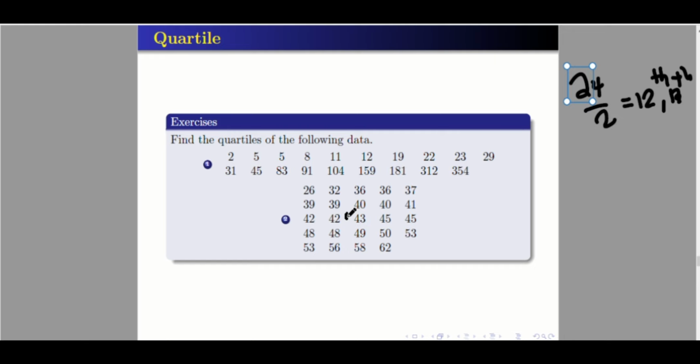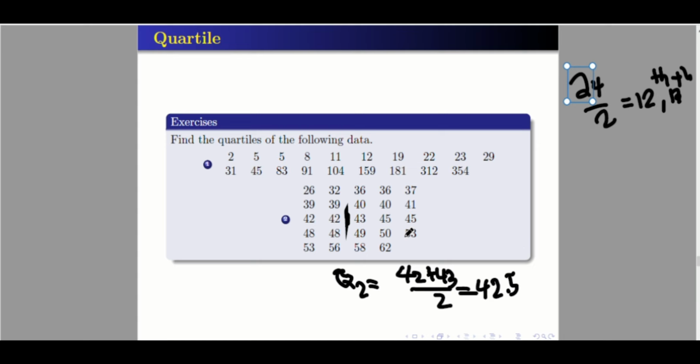So somewhere here. Okay, so that is Q2, which is 42 plus 43 over 2. That is 42.5. Okay, so that is the median.